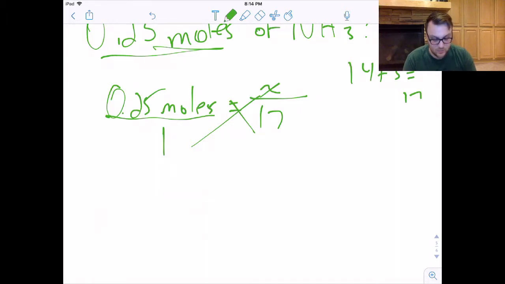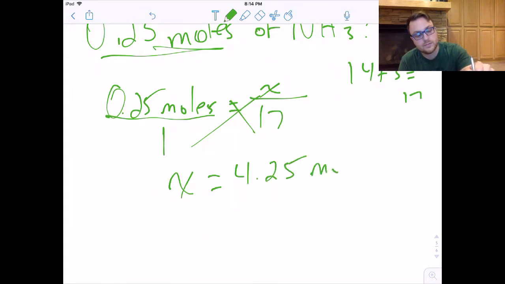No, I was off. 4 1/4. So X equals 4.25 moles. Sorry, not moles. You were solving for grams. And that is how you do moles.